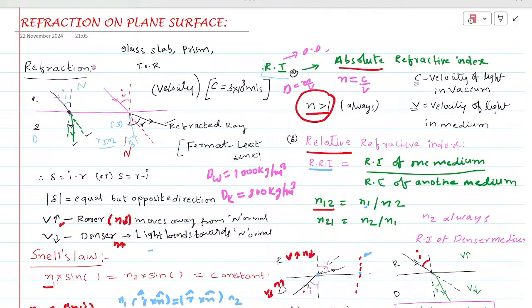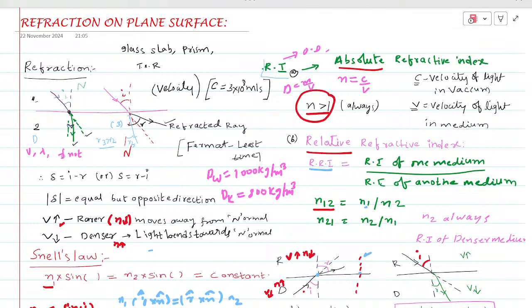When light travels or refracts from one medium to another, properties like velocity and wavelength, or color, change, but frequency does not change. Frequency means the number of vibrations of the light in the media.